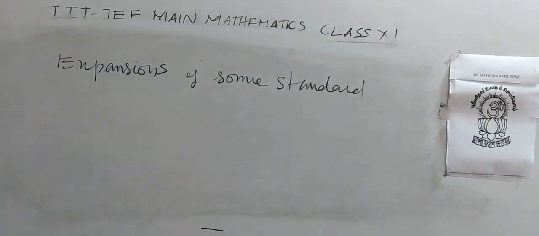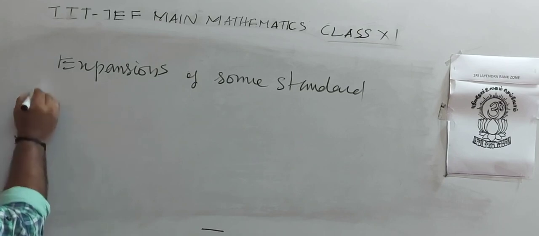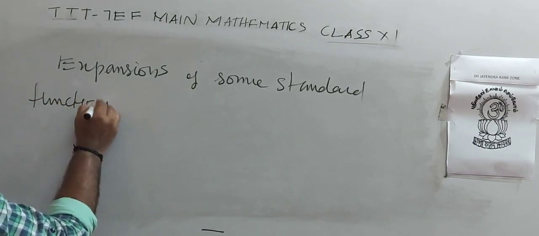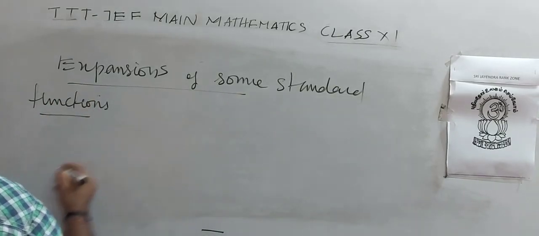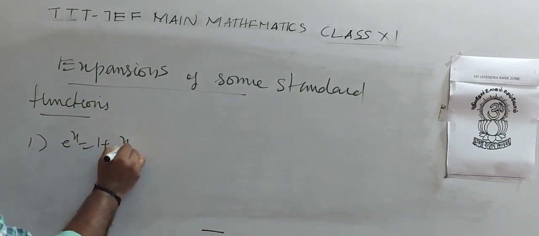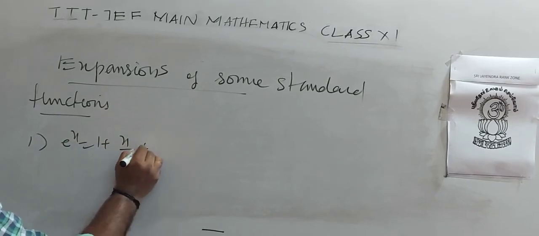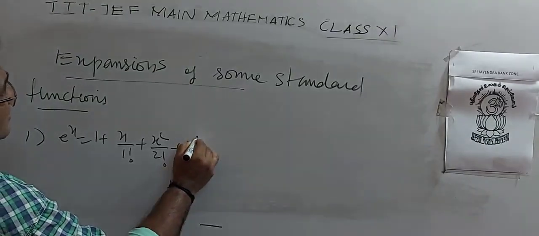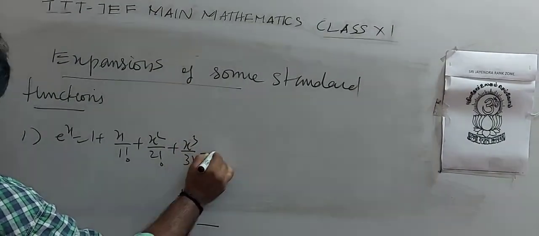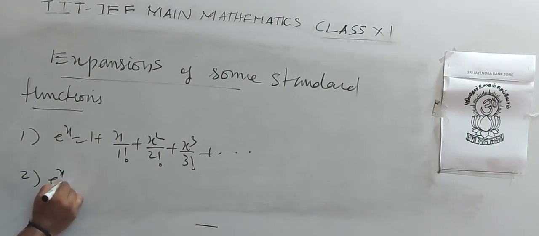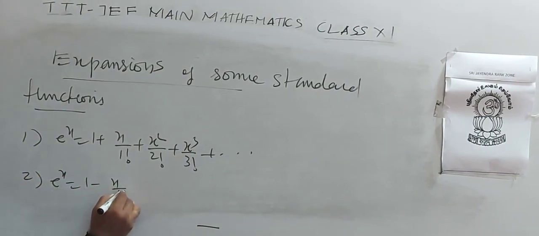Expansions of some standard functions. e power x equals 1 plus x by 1 factorial plus x square by 2 factorial plus and so on. e power minus x equals 1 minus x by 1 factorial and so on.